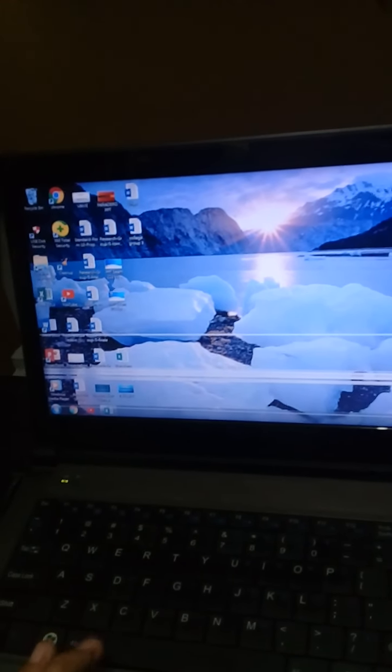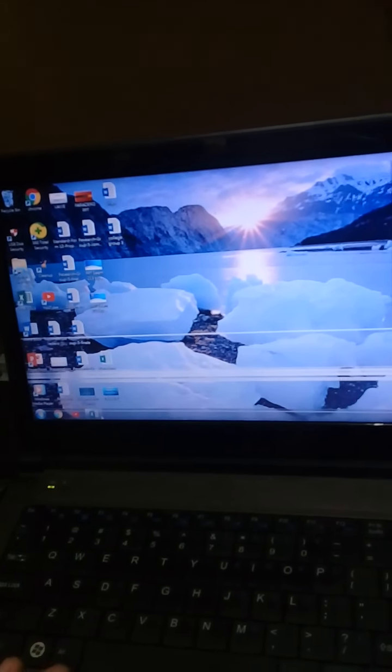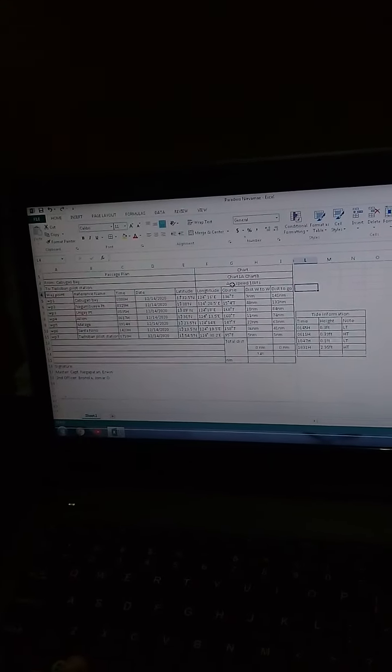So this is our passage plan from chart A, chart 1A, and chart B, average speed 10 knots, from Cabugao Bay to Tacloban Pilot Station.